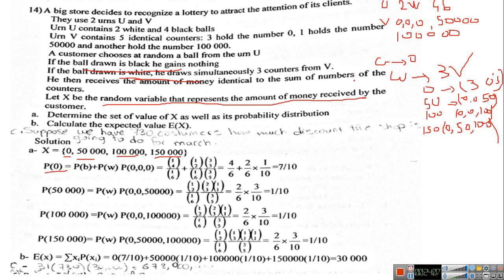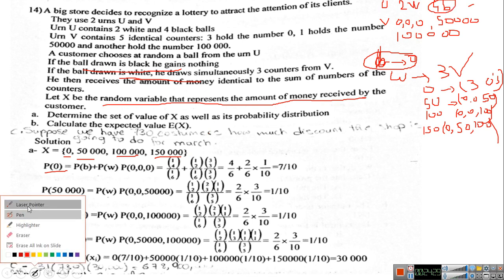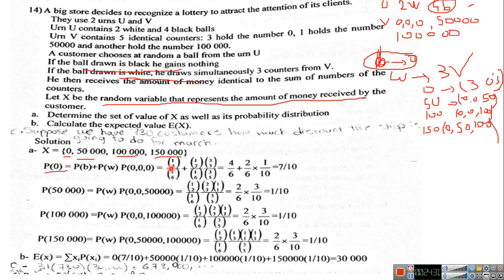What's P of 0? P of 0, either he will get a black, he does not get anything. So if you draw a black, how many blacks here do we have? 4. So 4 out of 6.